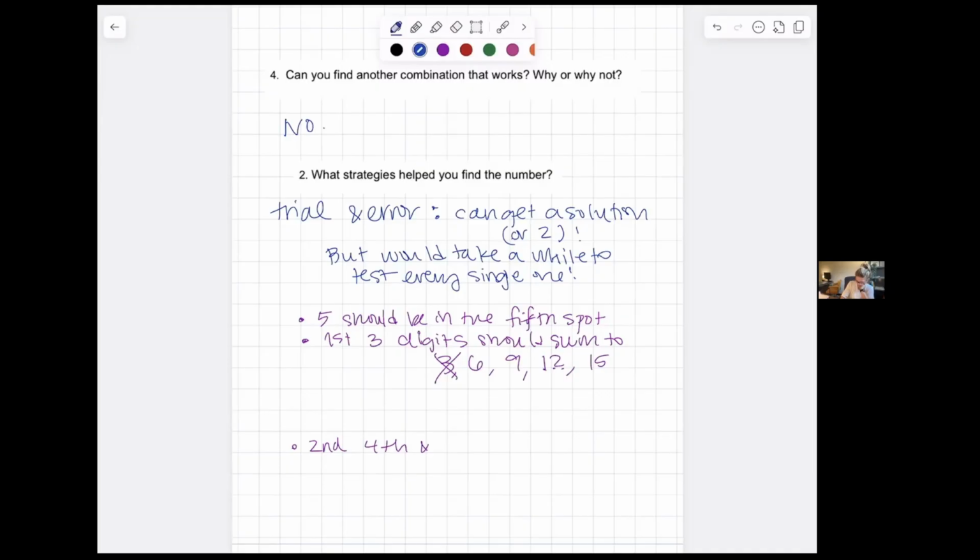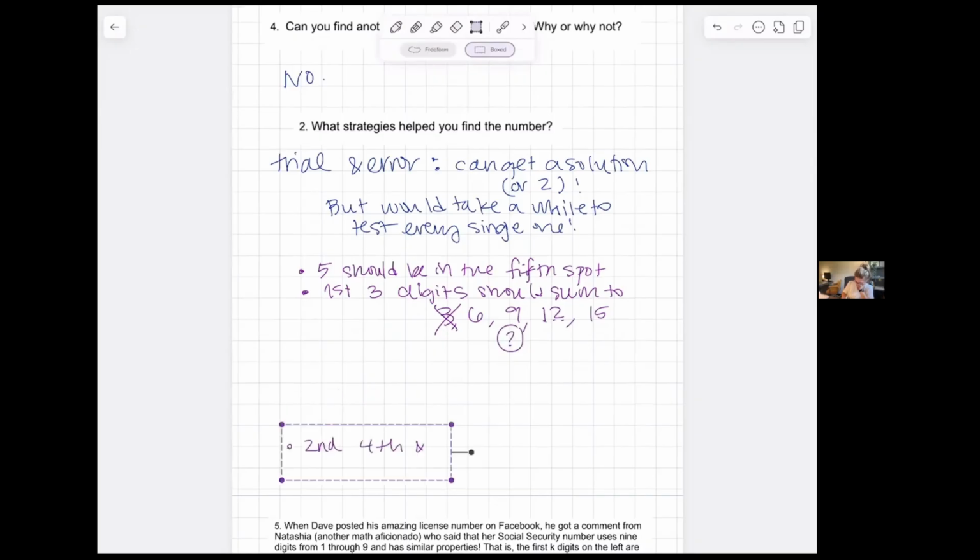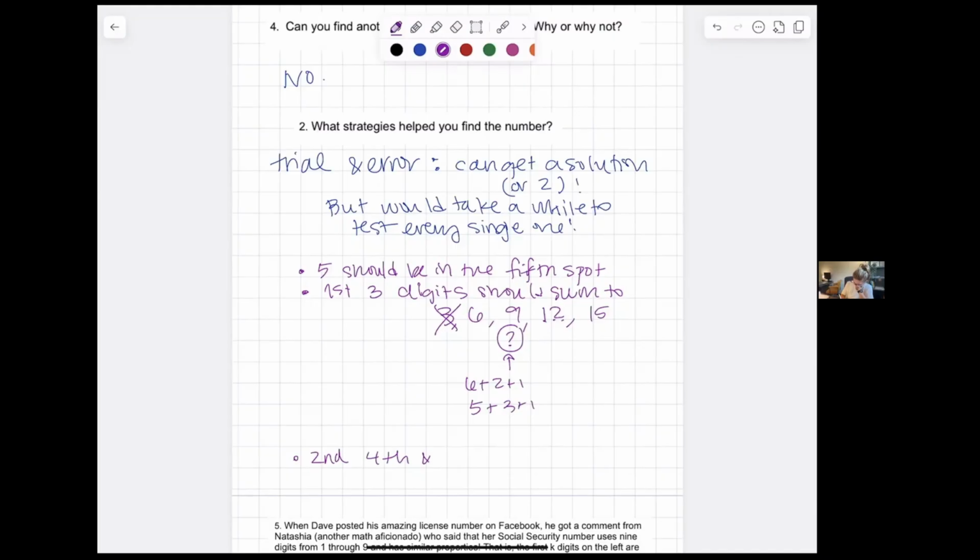What are the ways we could sum to 9? 6 plus 2 plus 1 could be possible. 5 plus 3 plus 1, right? 4 may not work.